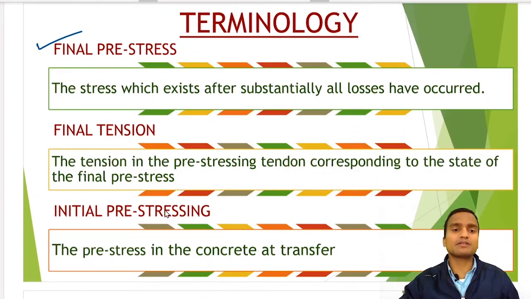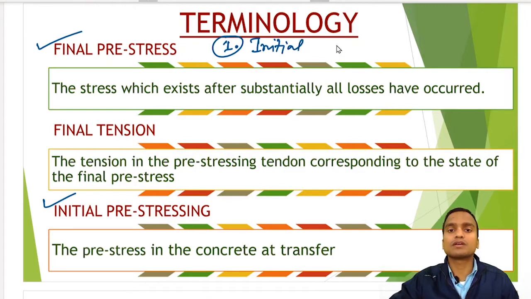Before understanding final pre-stress, let us first understand initial pre-stressing. There are three stages in pre-stressing. The first stage is the initial stage, the second stage is the transfer stage, and the third stage is the final stage.